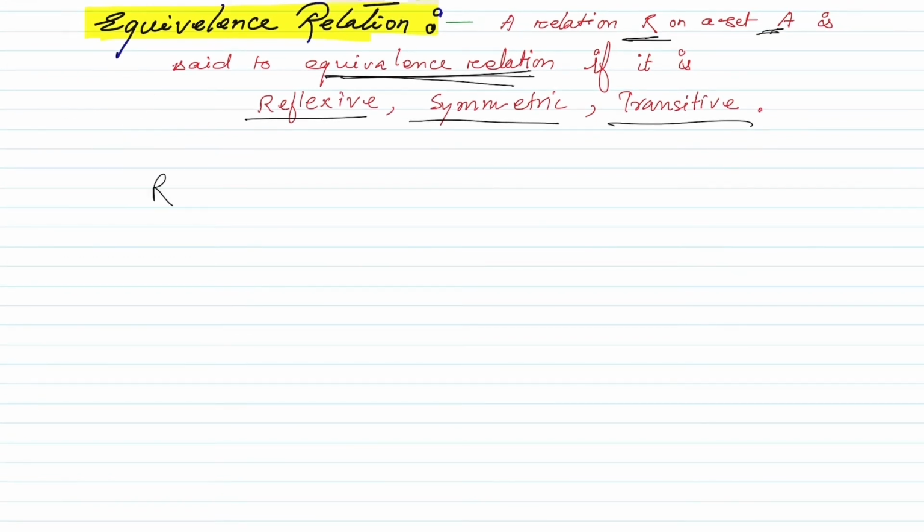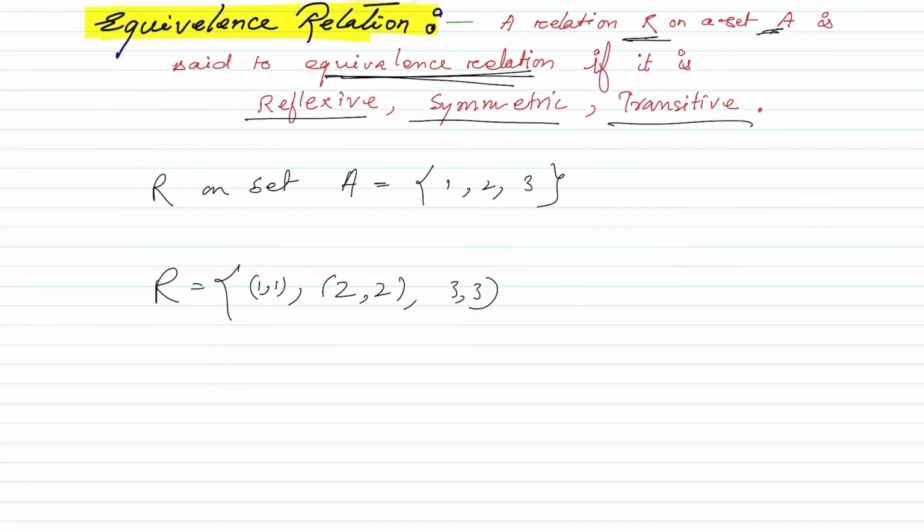Suppose R is a relation on set A which contains 1, 2, 3, and this relation is the set containing (1,1), (2,2), (3,3), and (1,2) and (2,1).